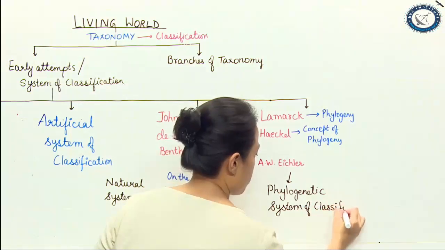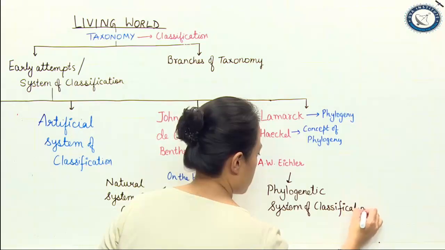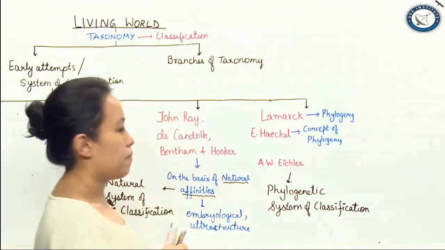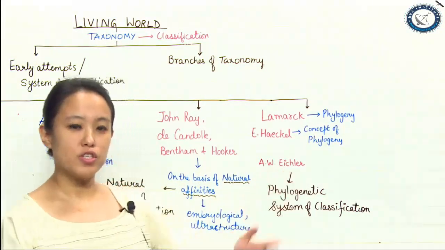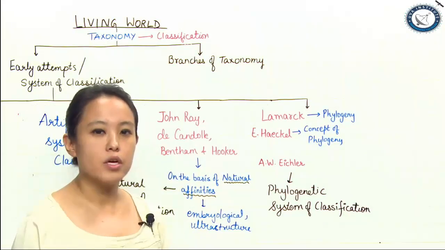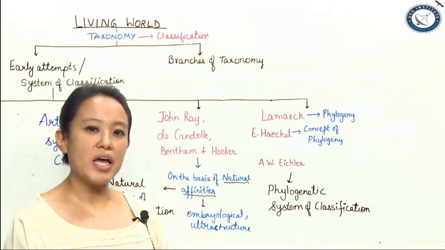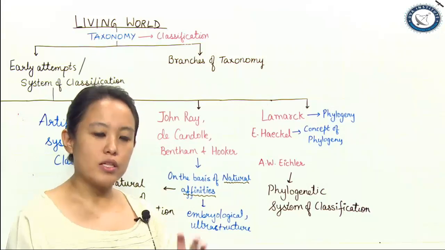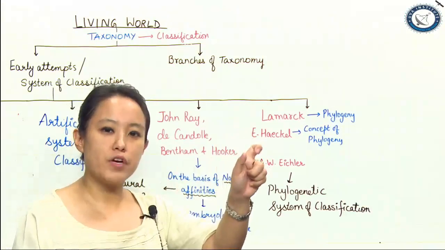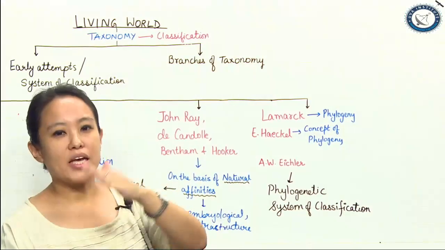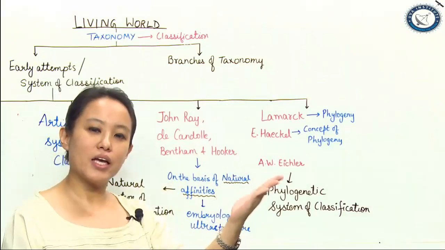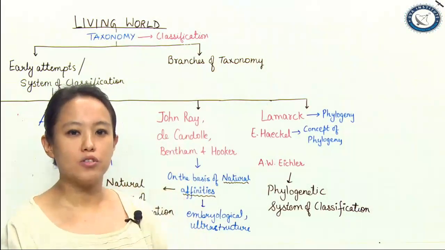Let me tell you what the phylogenetic system of classification deals with. When we talk about ancestral history, that this plant originated from algae, and then red algae, brown algae, it simultaneously branches out.